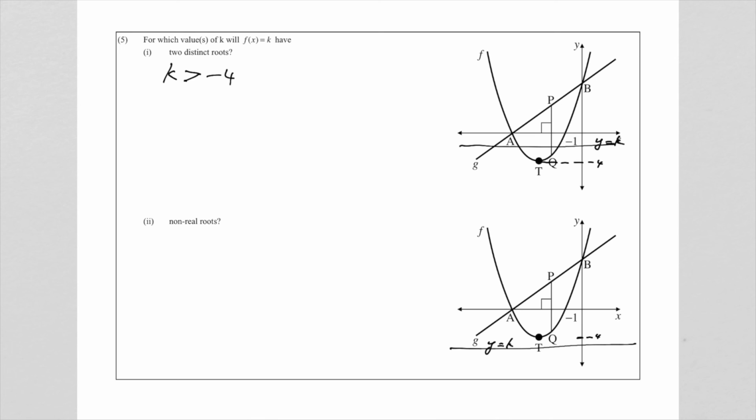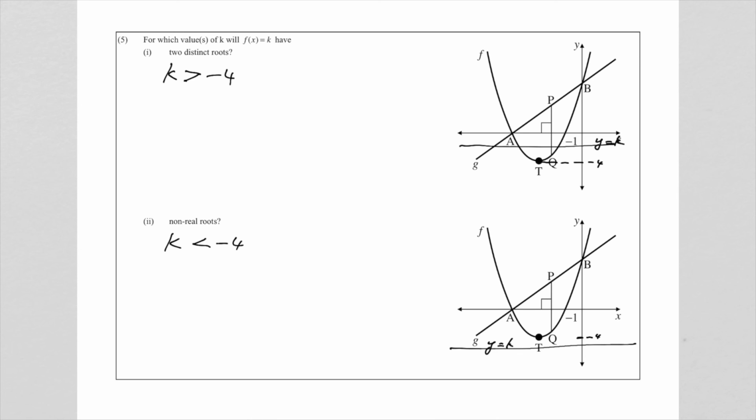So we can say that k, in this case, must be less than -4. Please take note that if we draw it above the turning point, it is greater than -4. If we draw the line below the turning point for non-real roots, then it means k must be less than -4.